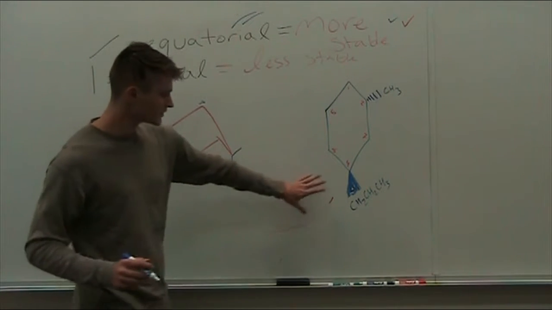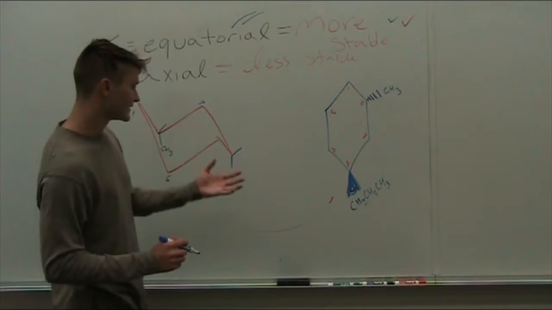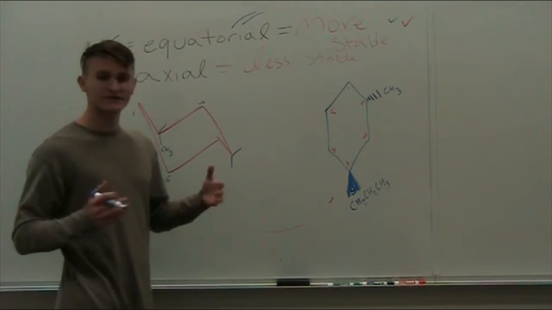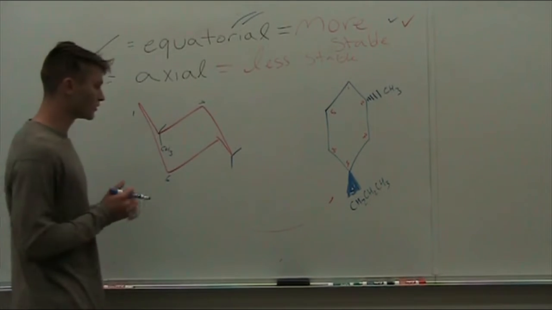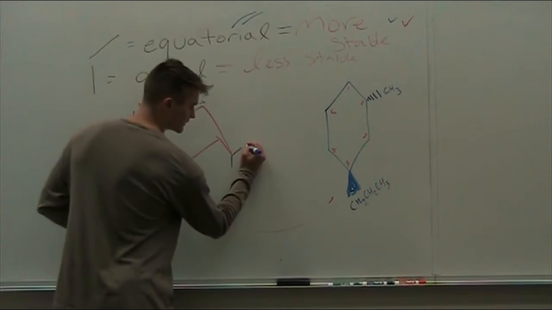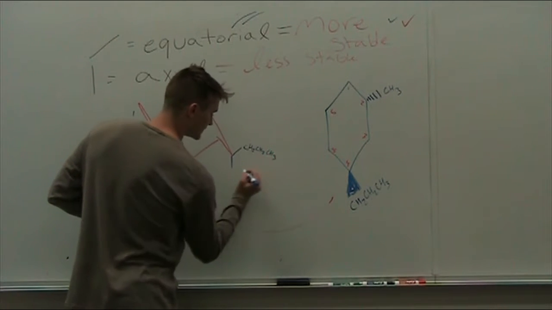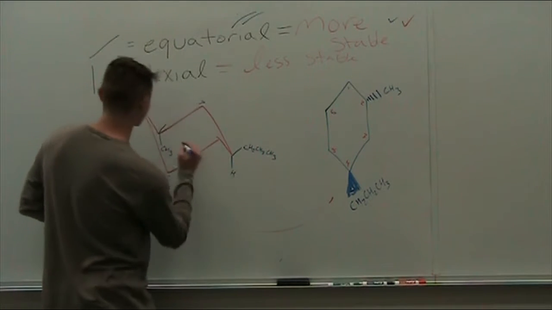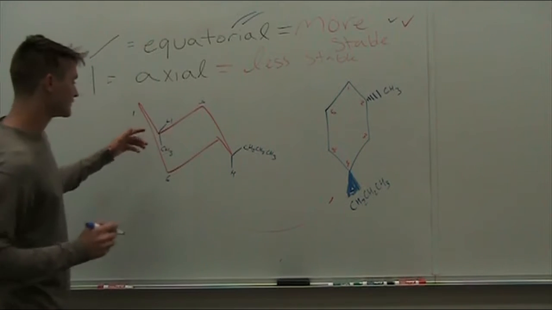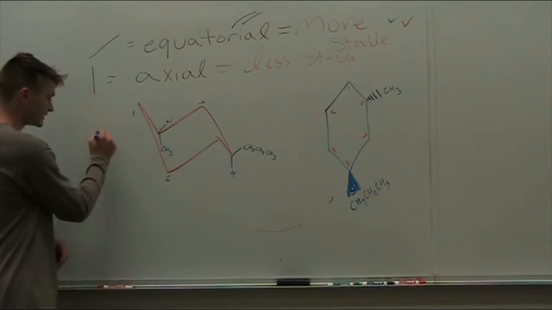And then on our 4 carbon, everything else has hydrogens. On our 4 carbon, this propyl group, and it's a wedge. So wedges like to go upward. So it's going to be on the equatorial. And then our hydrogens here, and our hydrogens here. You could write it down on the side too.